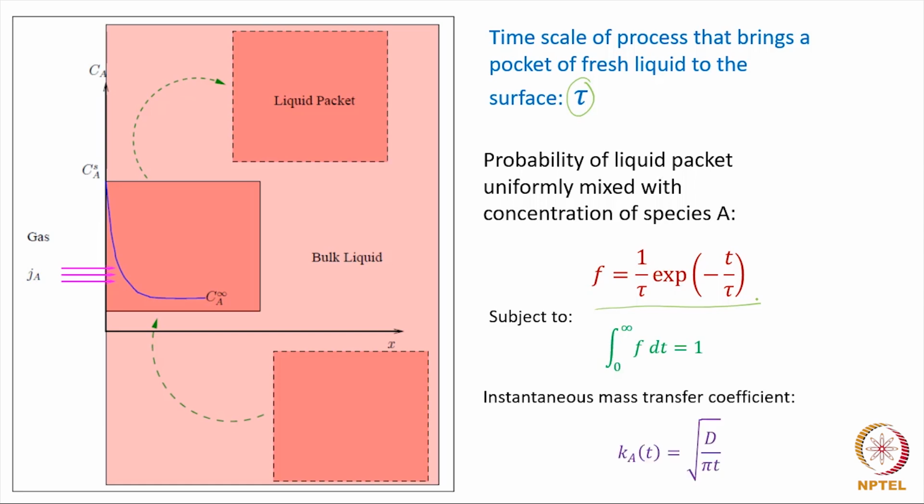And the instantaneous mass transfer coefficient we already saw from the penetration theory, we can take as root of d by pi t. So instead of saying that this is continuously available over the period of time t, we are saying that there is a probability involved, which means we are improving on the solution that we got earlier using this time scale tau.